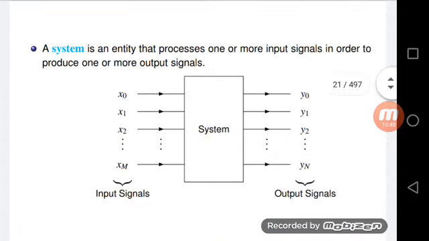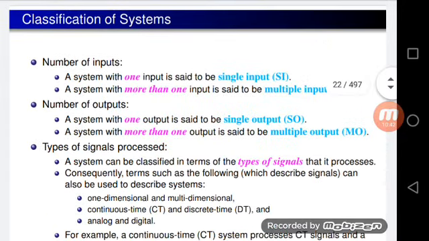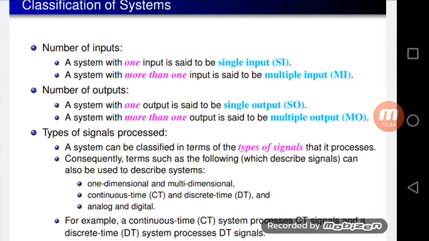When I get multiple outputs, it is called MO, multiple output. A system with more than one output is said to be multiple output.